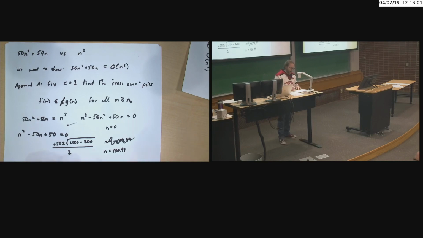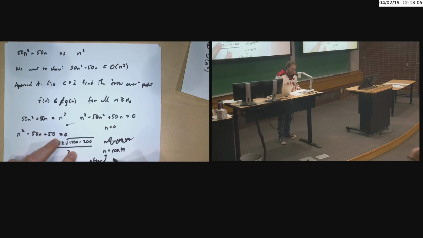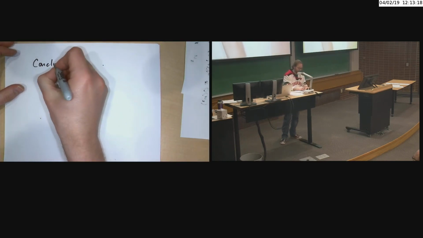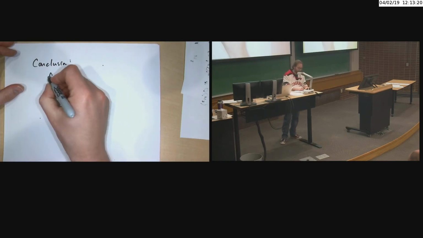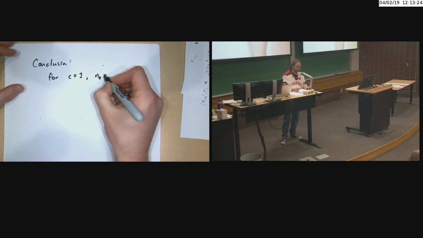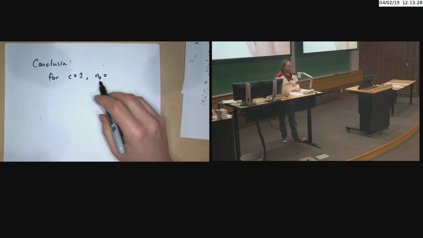Right? So after this n, f of n is less than or equal to g of n, where c is dismissed here. So in other words, what's my n naught? Conclusion. For c equals 1 and n naught being 100.49, this one has to be an integer.